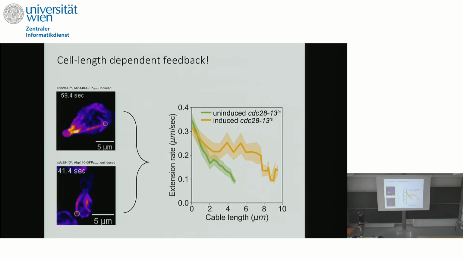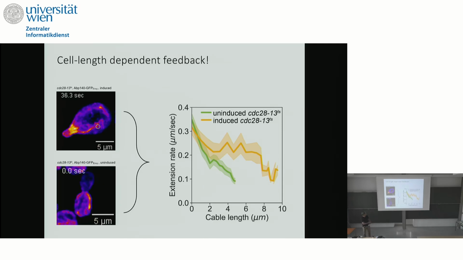So then, okay, this is some kind of feedback. Here I'm plotting the extension rate, the rate at which this filament is growing, as a function of cable length. But now we look at two cells. These are our temperature-sensitive mutants, small cells and big cells. And we asked, what does this feedback look like? We saw that in bigger cells, the yellow ones, the slowing down is happening at a slower rate.